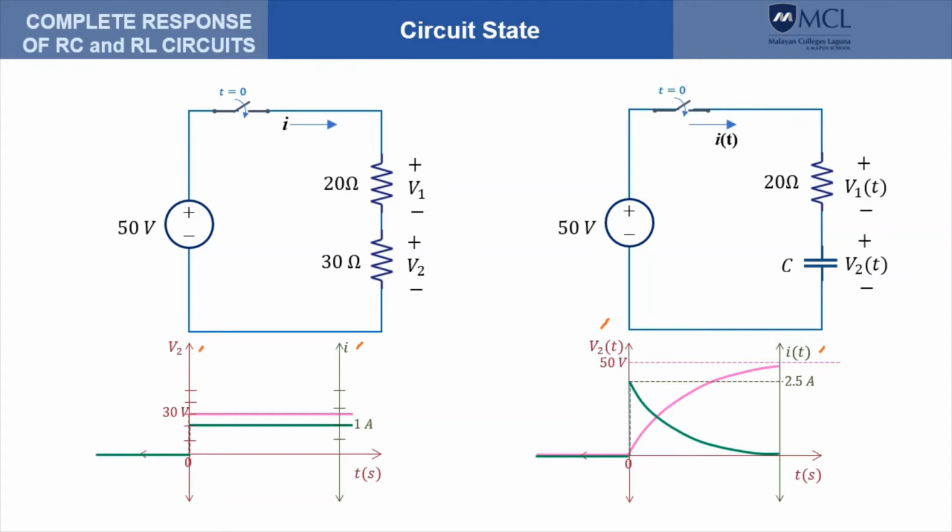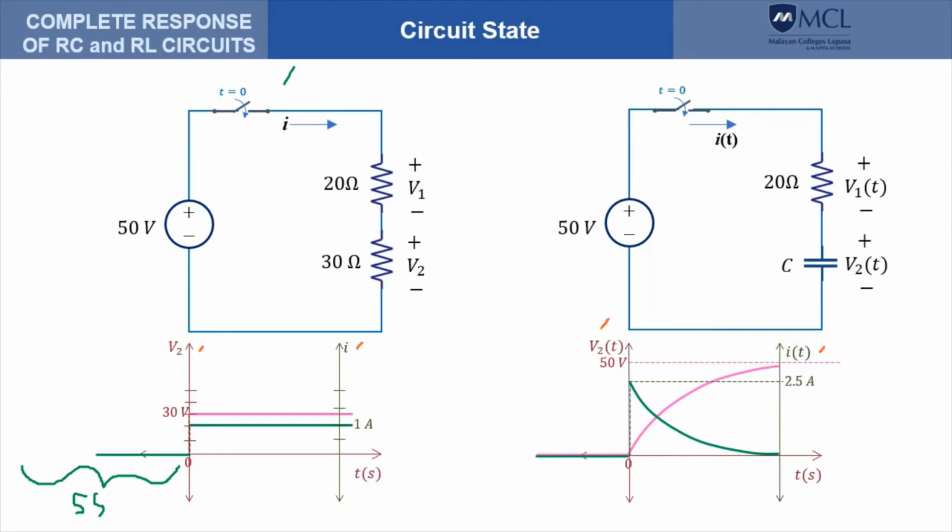Now let's evaluate the state of the circuits. So we have two circuits. For this circuit here, during this time period, the state is a steady state because the voltages and currents are constant. In fact, they are zero because there is no source yet before t equals 0.